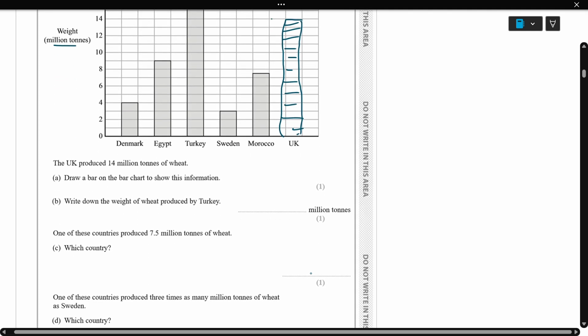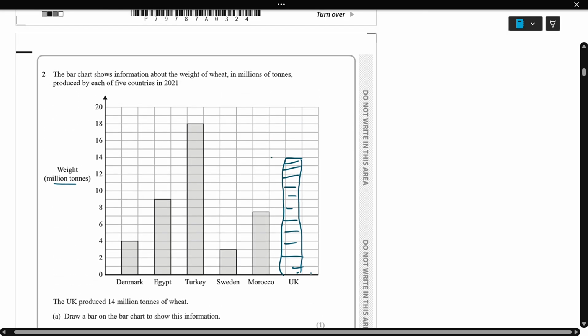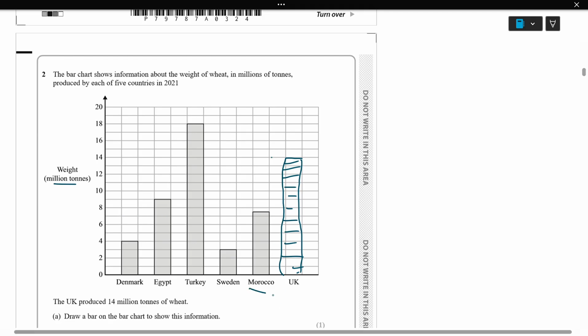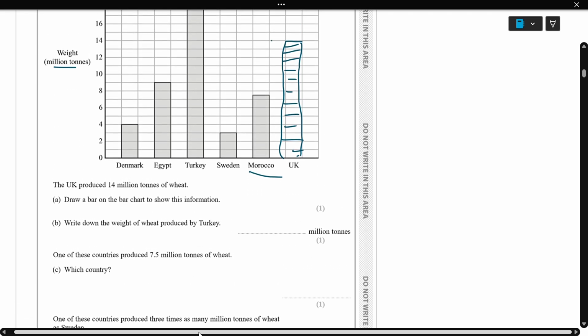Second, one of the countries produced 7.5 million tons of wheat. Which country? 7.5 is going to be Morocco.